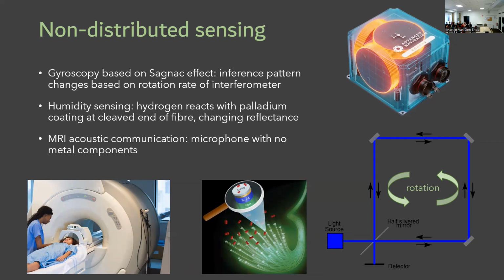So having a microphone in the room is a bit tricky to make. But apparently they managed to make it out of fiber. So don't ask me how they did it, because that is all confidential, I suppose. But they make these microphones with no metal components out of fiber, so that there can be communication from there to other rooms that are shielded.